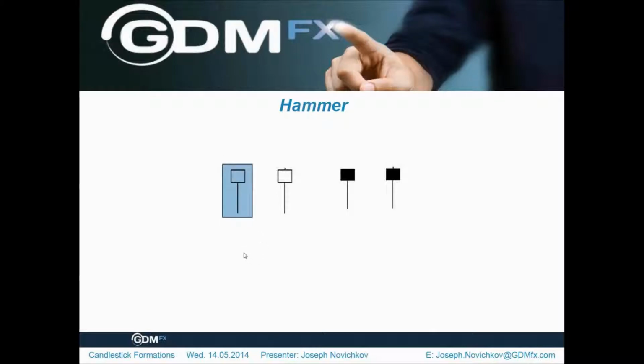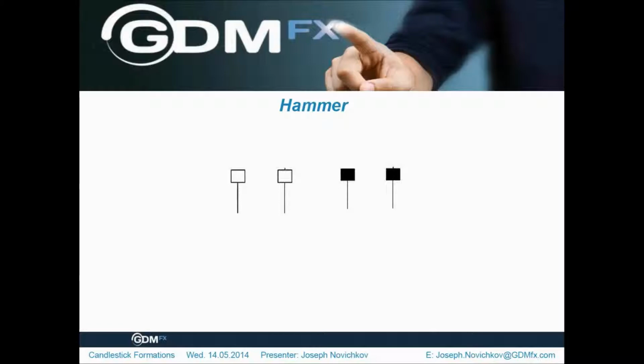This is an absolutely beautiful hammer that we are going to spot on the chart, but we can also spot on certain occasions that the hammer has a very, very tiny upper shadow above the real body, regardless again of the color, whether it's a white real body or a black real body, we still call it a hammer or a hanging man. We're going to talk about the hanging man later on today.